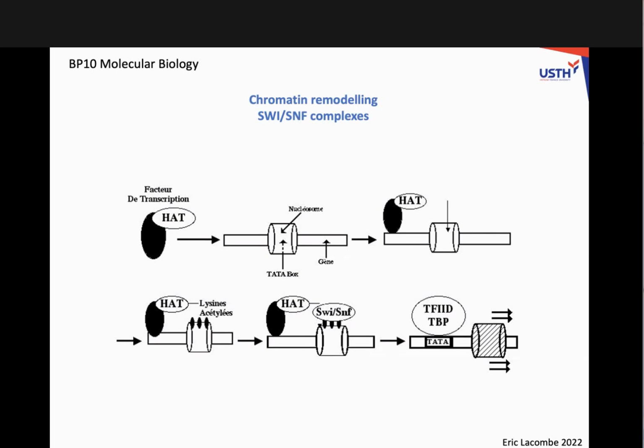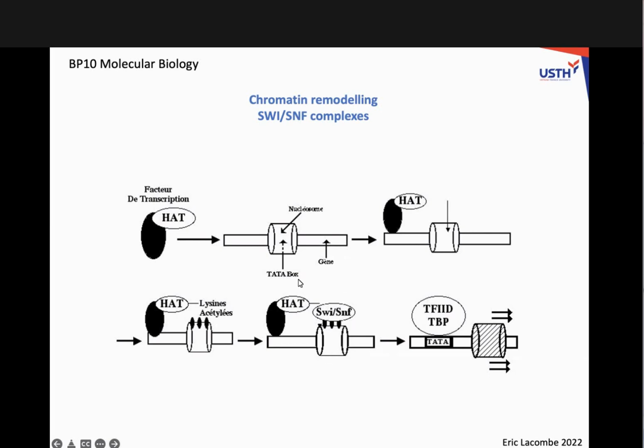The TATA box is the place where the RNA pol 2 binds with TFIID, and TBP is TATA box binding protein. This TBP and TFIID are the proteins that are going to interact with RNA pol 2. Okay, so this is only for recruitment of RNA pol 2.